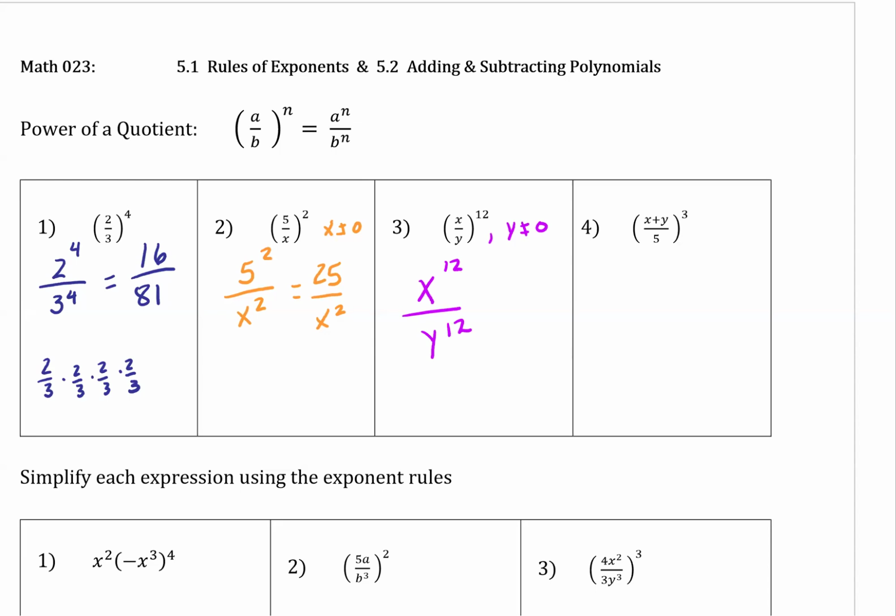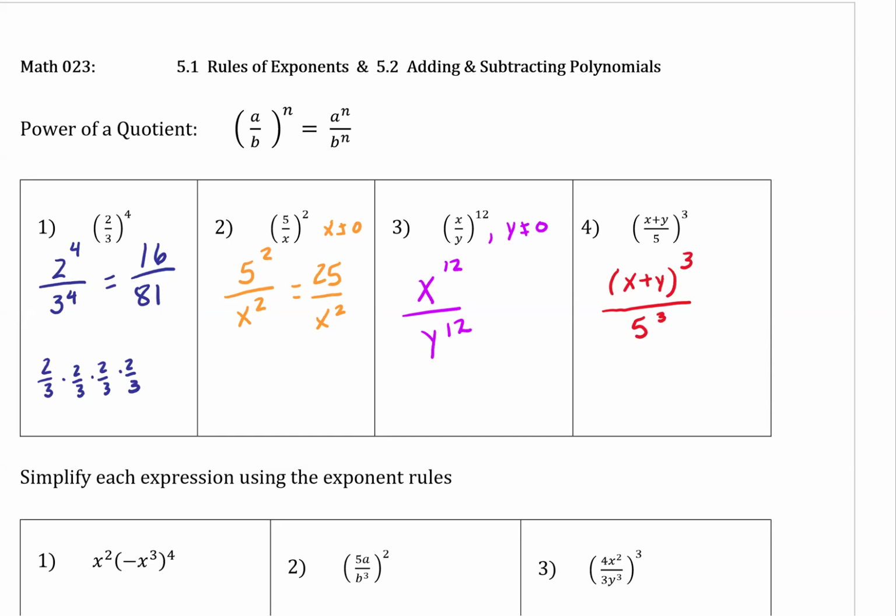And number 4, we're going to have x plus y cubed over 5 cubed. x plus y is a binomial, which we'll get to.